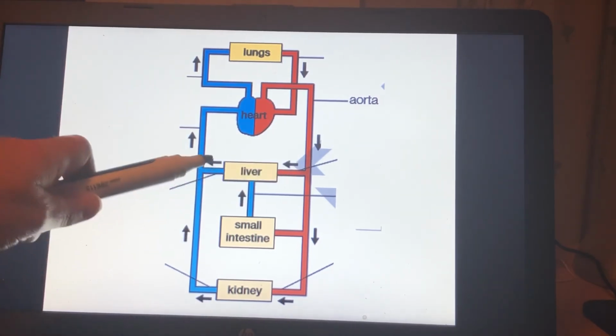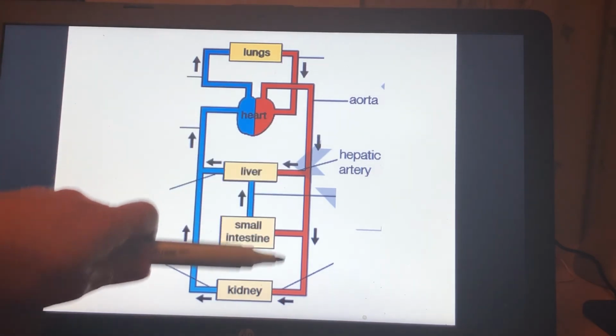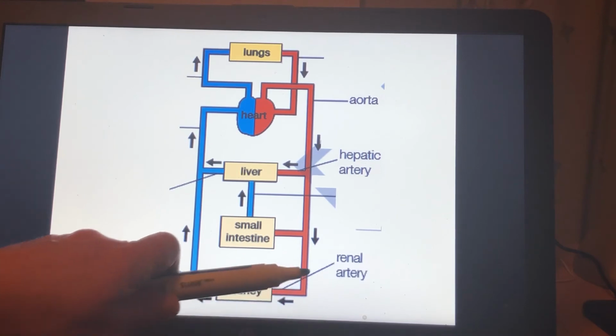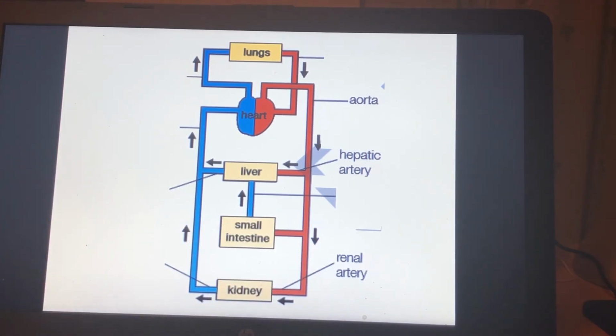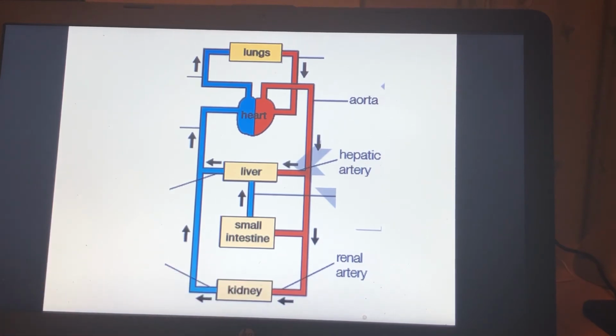So the artery that supplies your liver is called the hepatic artery, H-E-P-A-T-I-C, hepatic artery. We're going to move down here to the kidney, and a word you've probably heard is renal. So renal means to do with the kidney, so the renal artery is taking blood to the kidney.